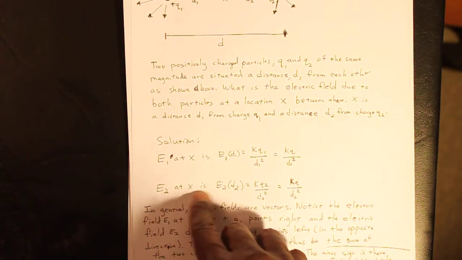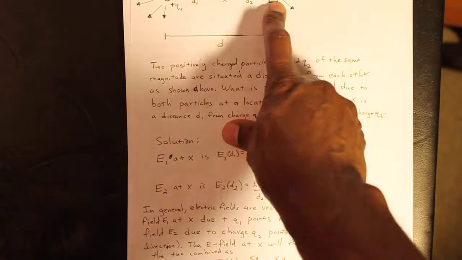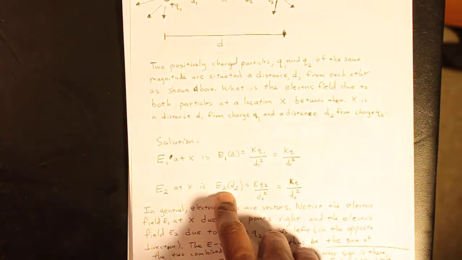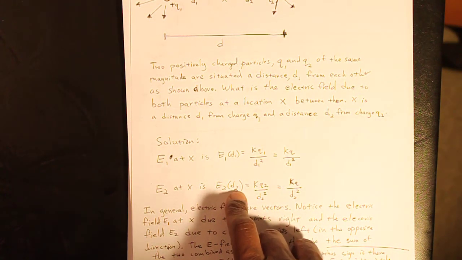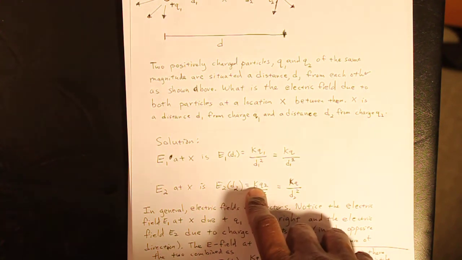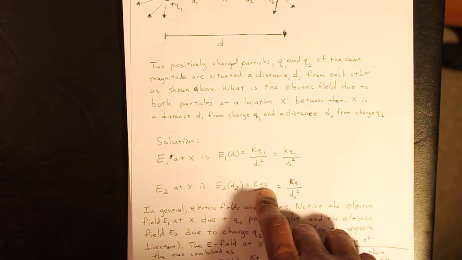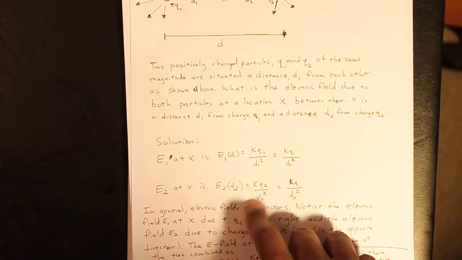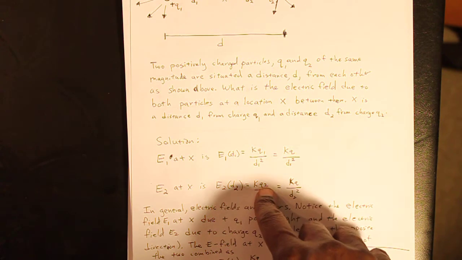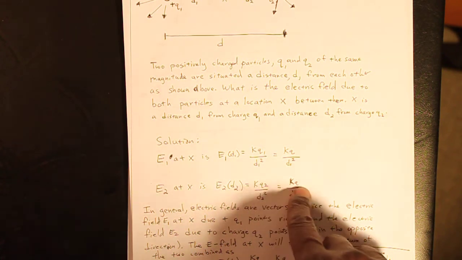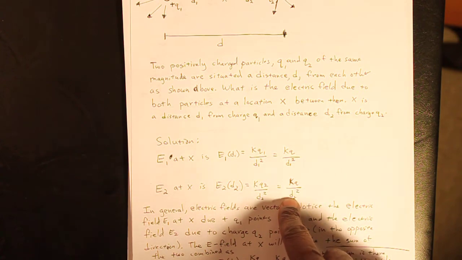E2 at X, the electric field due to charge 2 at X, is simply E2 of D2, which is K times Q2 divided by D2 squared. Substituting in for Q2, we have KQ over D2 squared.